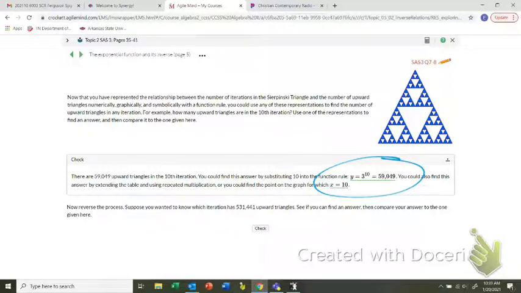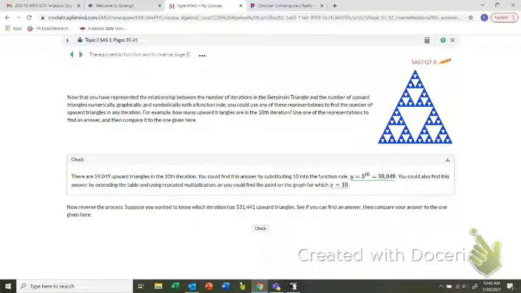Okay? Now, on number 8, it says, now reverse the process. Suppose you want to know which iteration has 531,441 upward triangles. See if you can find the answer, then compare your answer to the one given here.